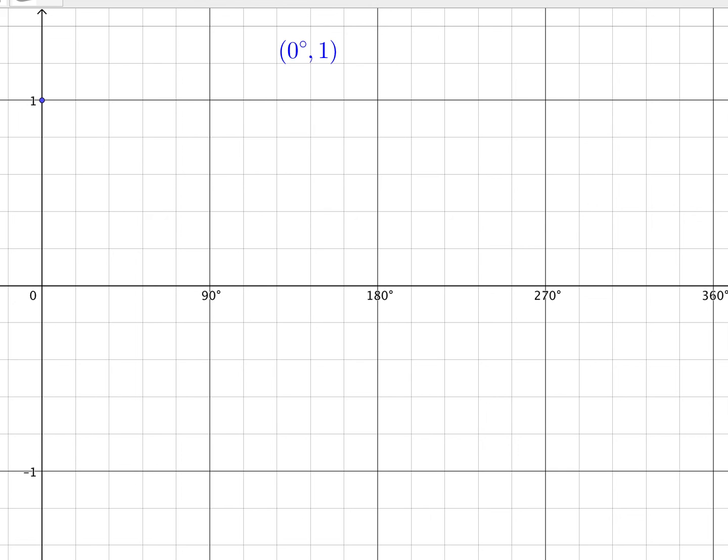So this is the cosine. So it starts at 0 degrees, 1, 10 degrees, 0.98. These numbers that are coming out are the same numbers that came out with the sine wave. They're just happening at different angles.